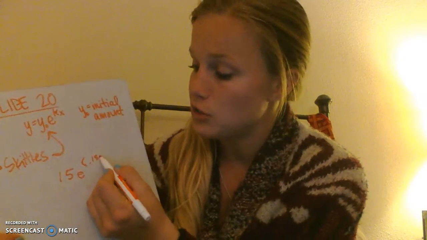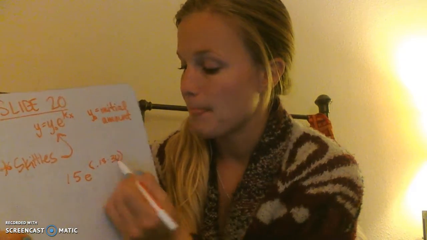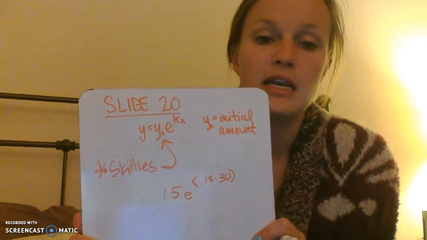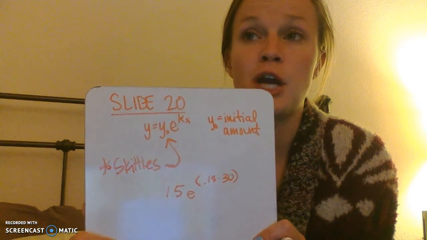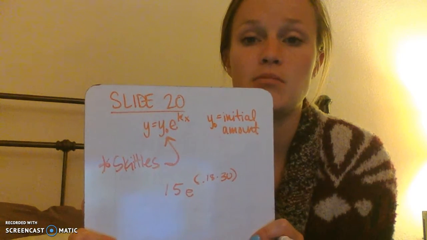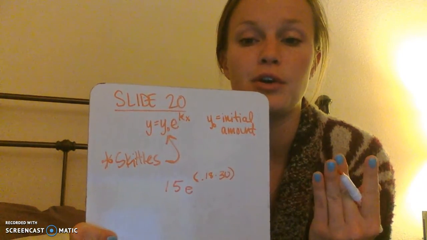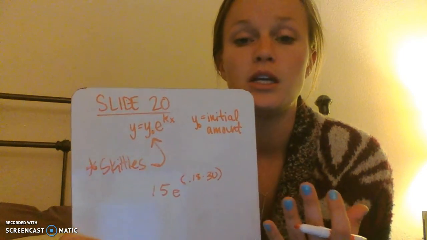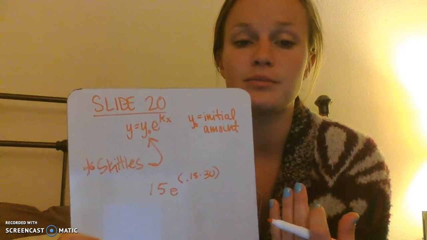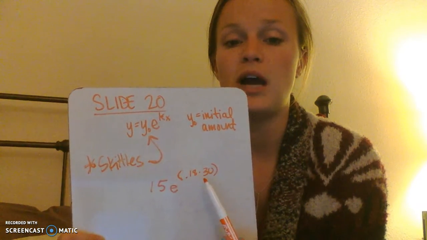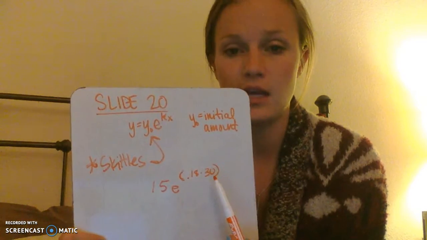I'm going to choose to use 30, but if you use 31, 29, 28, anything that would generally be accepted as representing a month, any of those 4 options, 28, 29, 30, or 31, you can use any of those numbers to represent the number of days in a month. Because your rate is in days, you have to be plugging in days.